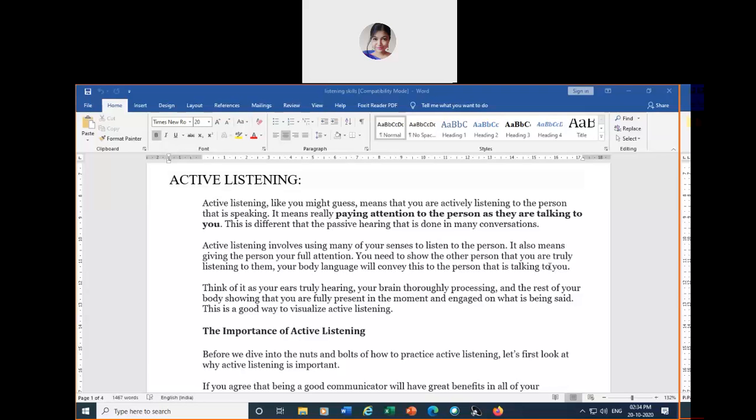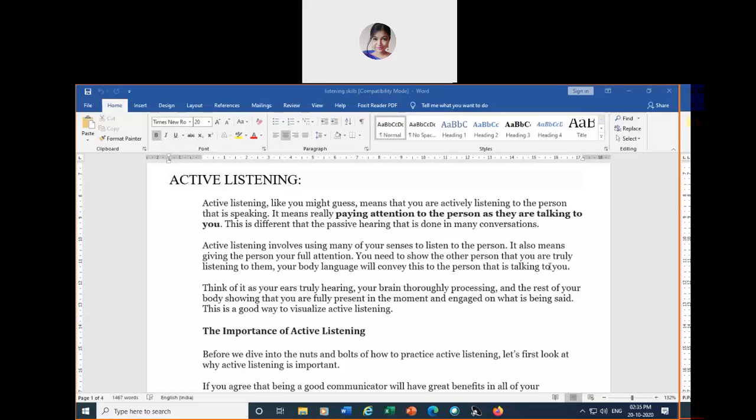Okay. Another thing I would like to say is, what is the difference between listening and hearing? You need to remember this, because there's a difference between listening and hearing. Hearing is basically the act of perceiving a sound. But when you consciously choose to hear something, that is listening.